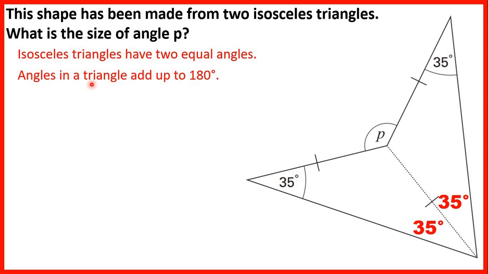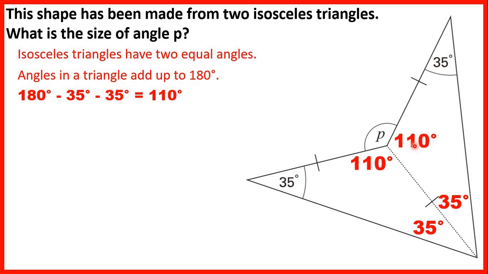Now angles in a triangle add up to 180 degrees. So we have 35 and 35, so 70, and if we subtract that from 180, we know that this angle here and this angle here must be 110 degrees. So now we can remember that angles around a point add up to 360.